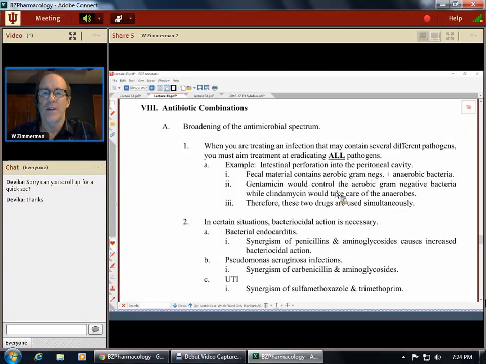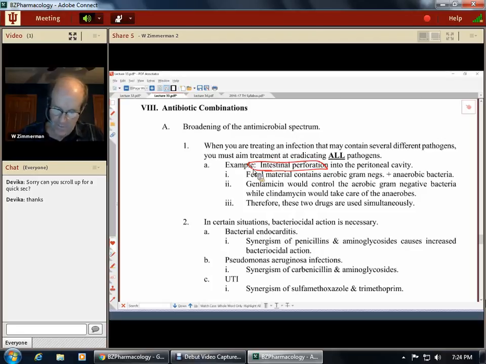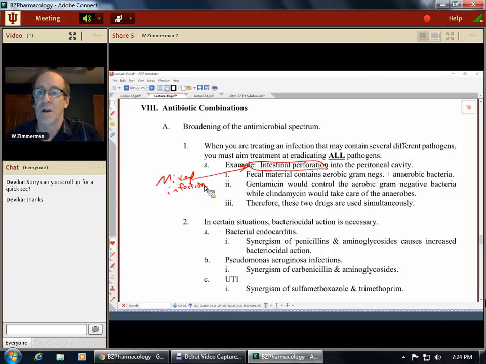Okay, broadening of the antimicrobial spectrum, these combinations that we sometimes use. If you've got a mixed infection, where you've got to eliminate several different things, like an intestinal perforation, there's a couple of different ways we can go at it these days.